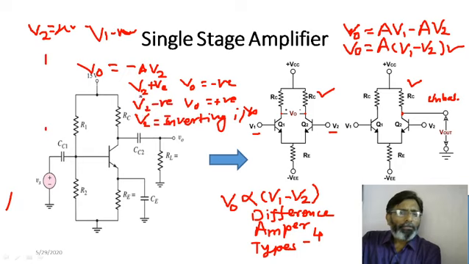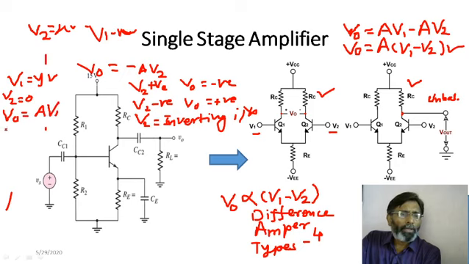Now, if you see for V1, suppose V1 is applied as Y volt, and V2 is 0, then if you put these values into this equation for VO, your VO will be equal to A into V1. Okay. So, if my V1 is positive, my VO will also be positive.